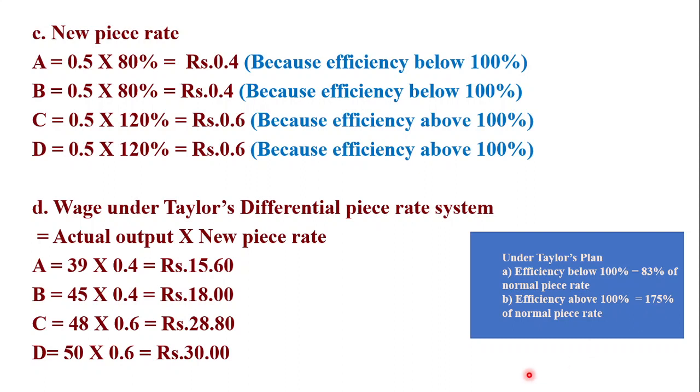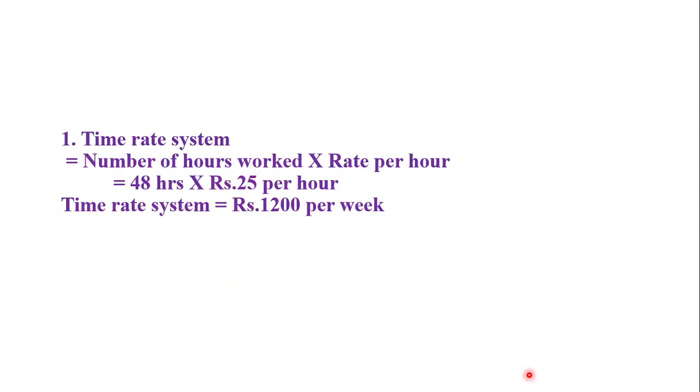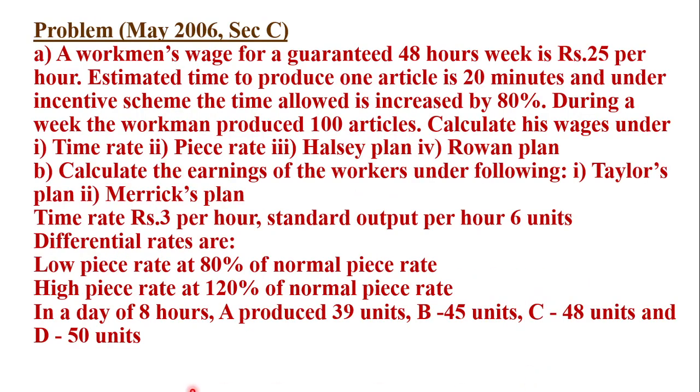But in the problem they have specified something, so we are going back to the problem. See here, differential rates are given: low piece rate at 80% of normal piece rate and high piece rate at 120% of normal piece rate.